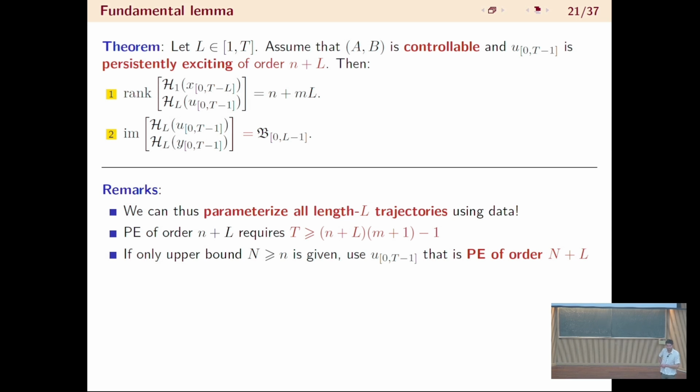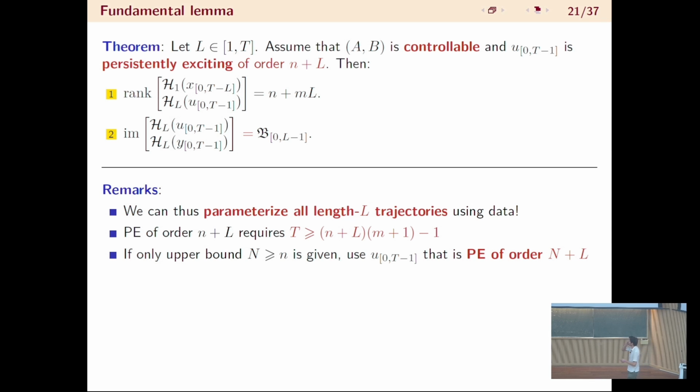I think for a signal, you defined that it is persistently exciting if it satisfies some rank condition. Yes, indeed. Now we are just adding something of order n plus L. So how different is it from the previous definition? The definition of persistency of excitation is the same as the one I showed you before.